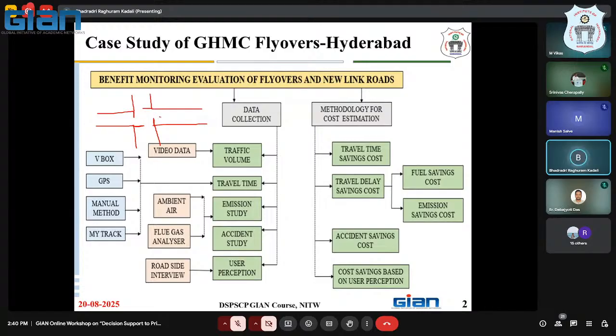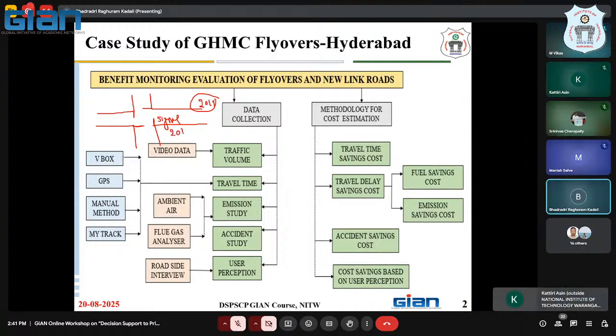At present they were operating with signals around the year 2014, and in 2019 they constructed the flyover. So this is the actual condition, the situation in 2014.